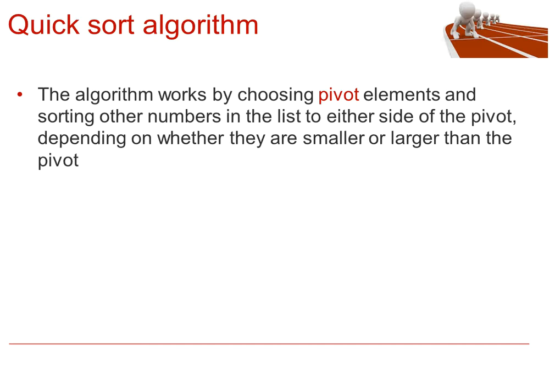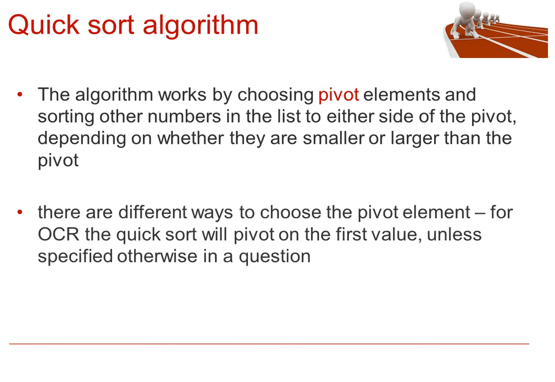This will depend on the specification and sometimes on the efficiency of the chosen pivot, for example, a mid-range value, which we'll look at in further detail later on. For OCR, the quicksort will pivot on the first value, unless specified otherwise in a question. Note that questions may be set that interrogate the application of the method, for example whether the choice of pivot affects the efficiency of the quicksort algorithm.